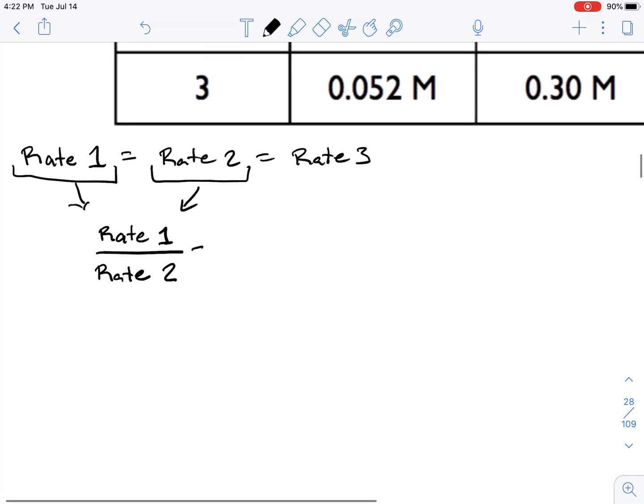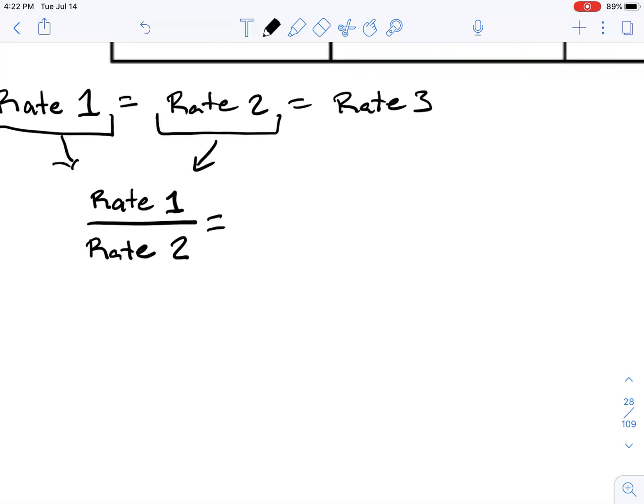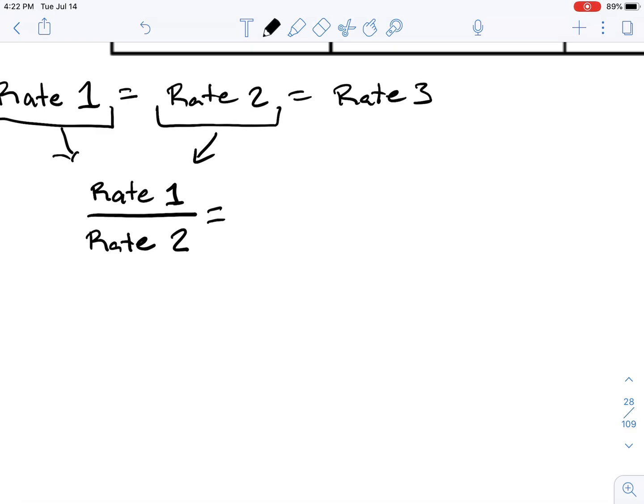And so what that allows us to do is expand the definition of the initial rate. It allows us to expand the definition of this rate by using the rate law. And so what do I mean by that?